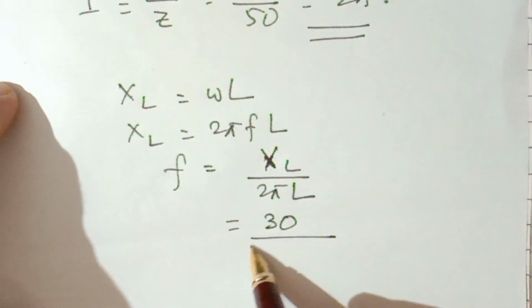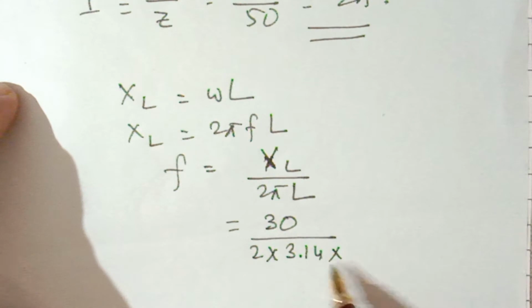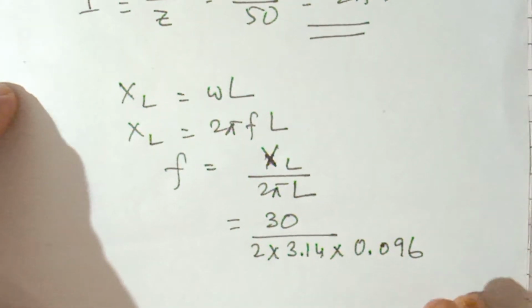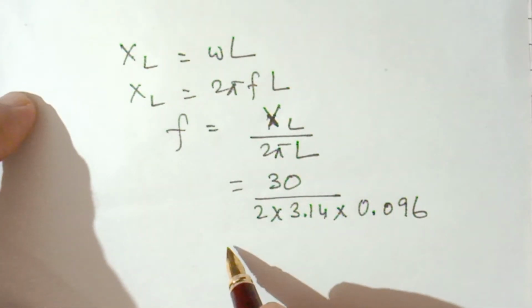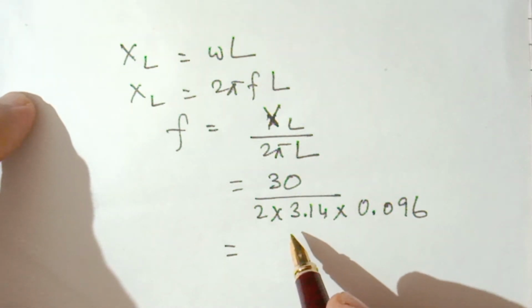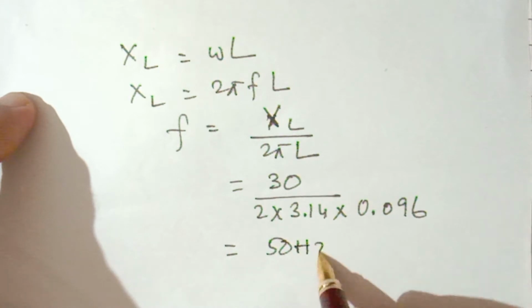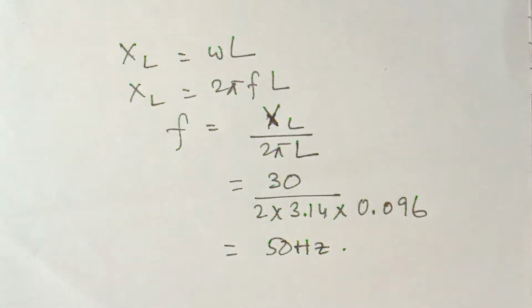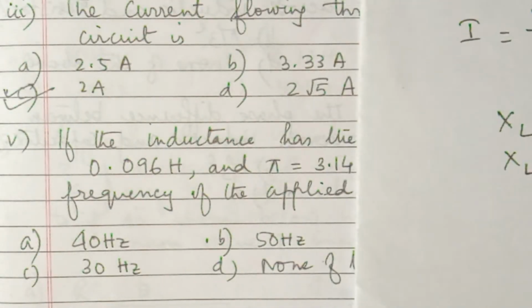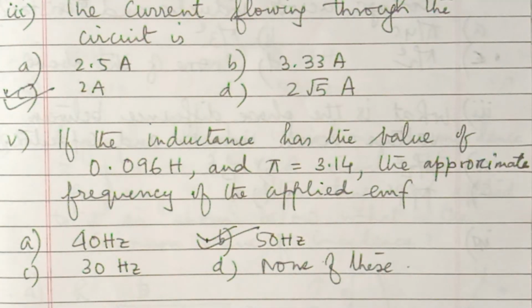So 30 upon 2 into 3.14 into L, where L is given as 0.096. By putting the values and solving, you get something like 49.7, which is approximately 50 Hertz. So your option is 50 Hertz. This way we can solve this question.